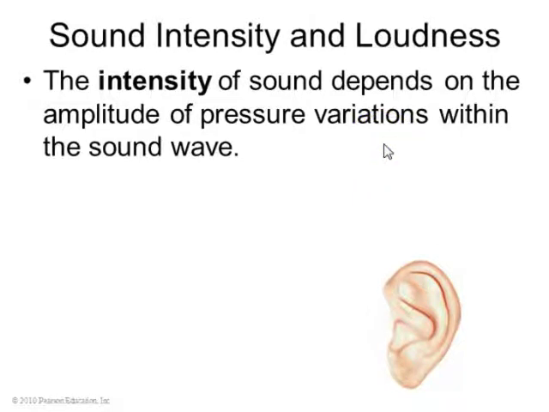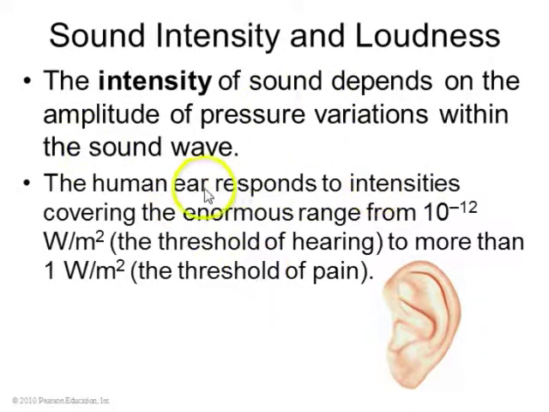So that was pitch. Next one is intensity. Intensity of sound depends on the amplitude of the pressure variations. High amplitude is loud, low amplitude is like a whisper. The human ear responds to intensities from the tiniest whisper of 10 to the minus 12 watts per square meter, called the threshold of hearing, all the way up to the threshold of pain, which is 1 watt per square meter.